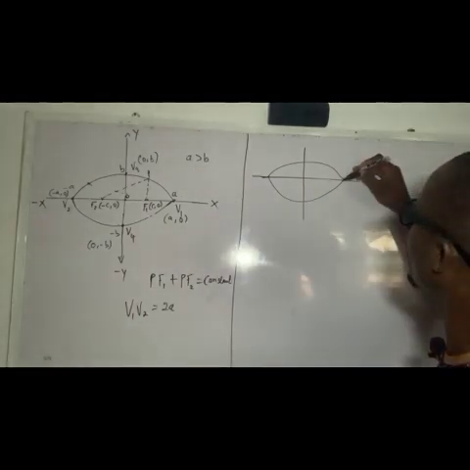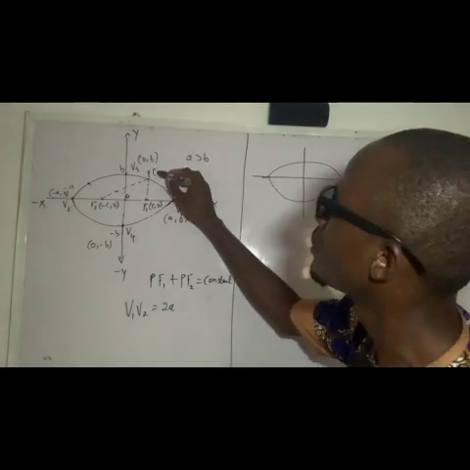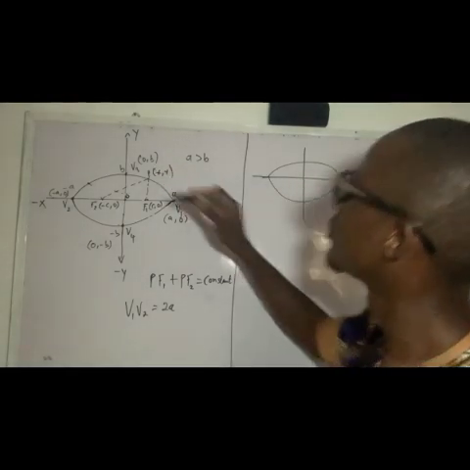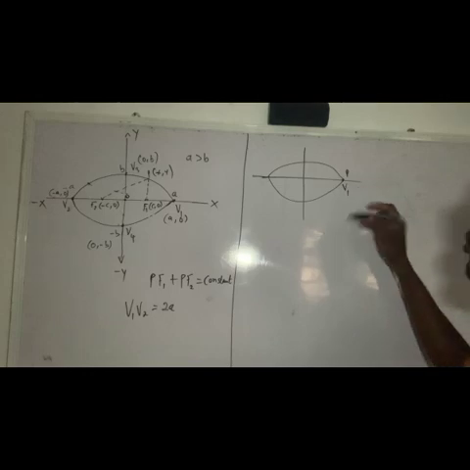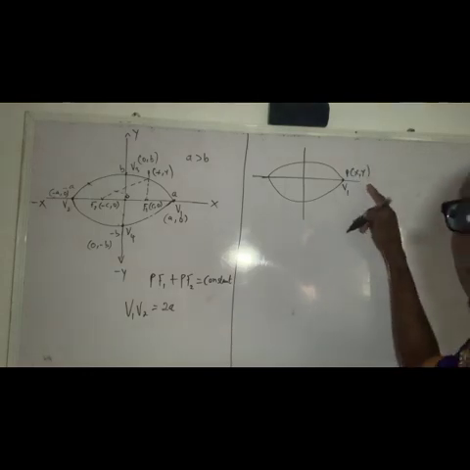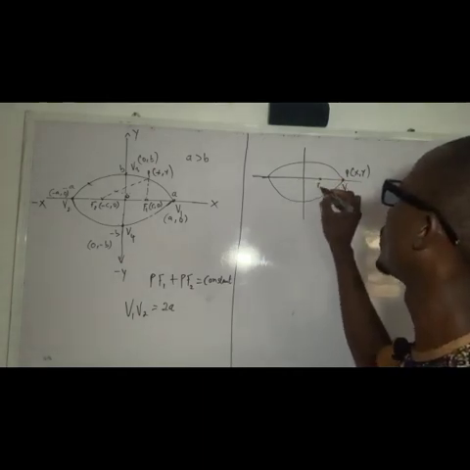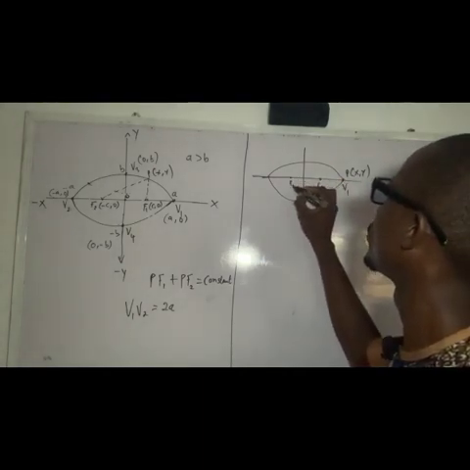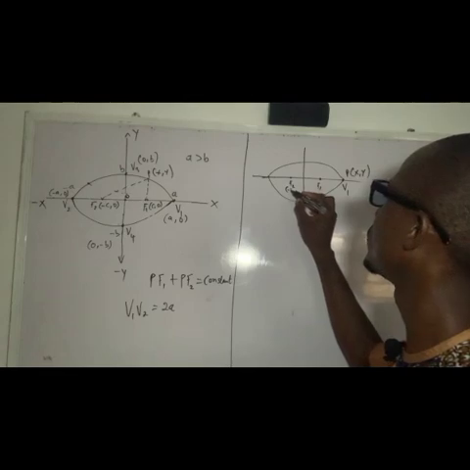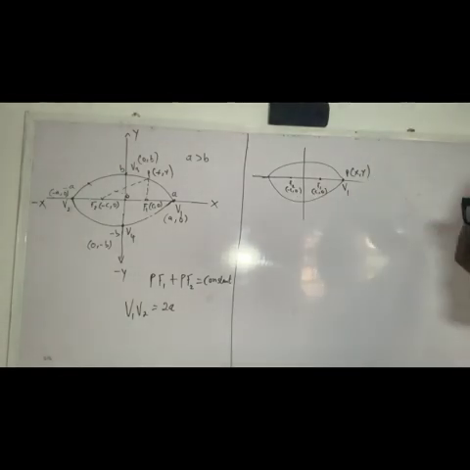So now, if point P is here, point P has a coordinate x, y. Do we know that? So at V1, the coordinate is still x, y because that's the position we are working with. Then we have the foci here, F1, and the foci here, F2. The foci have negative C with 0 and positive C with 0. So what next?